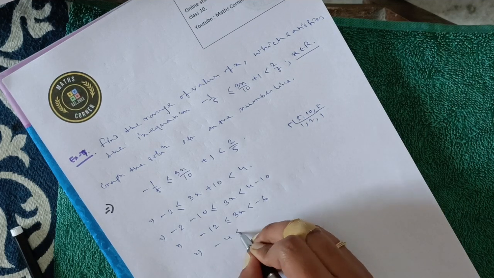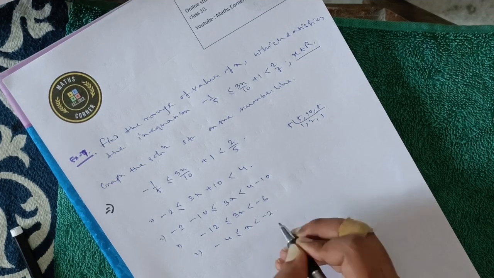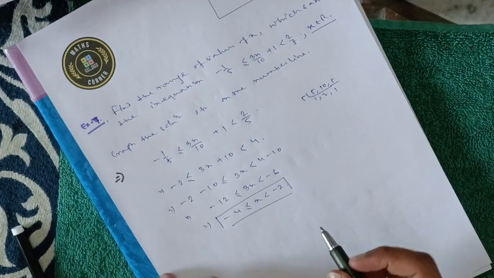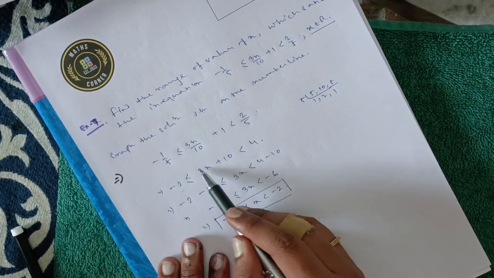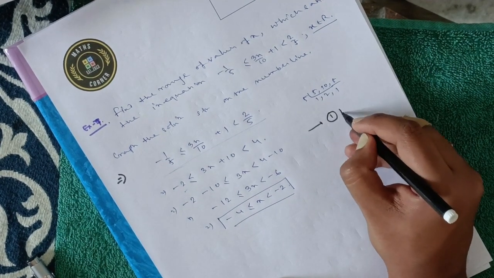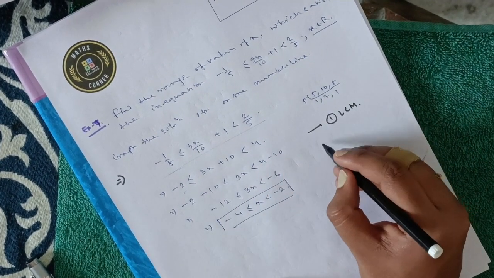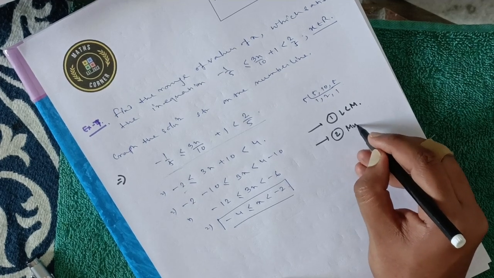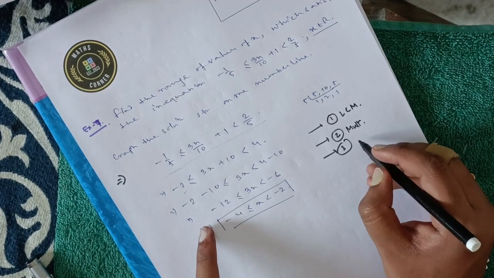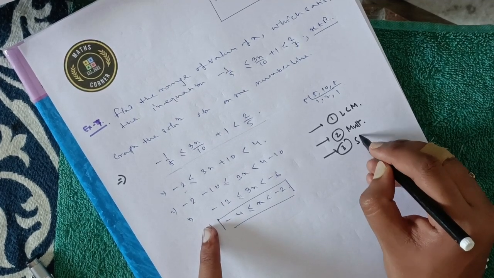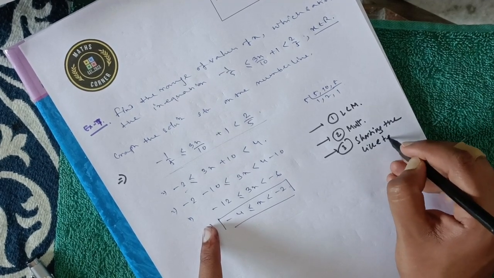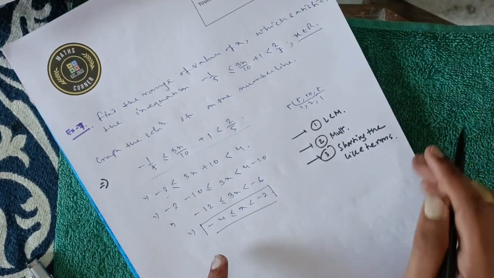Dividing it by 3, x minus 2. You get this? How it's done? We just took the LCM in the first line, then multiplying it, then number 3. Then sorting the like terms.